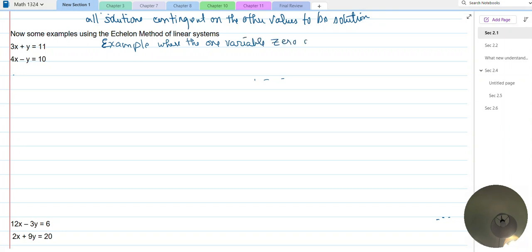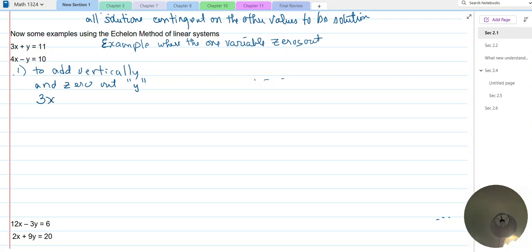So we don't have to do any math to the system. We just have to add vertically. So our first step is to add vertically and zero out the variable y. All right, let's do it.